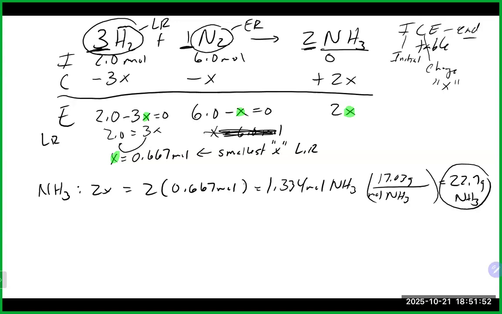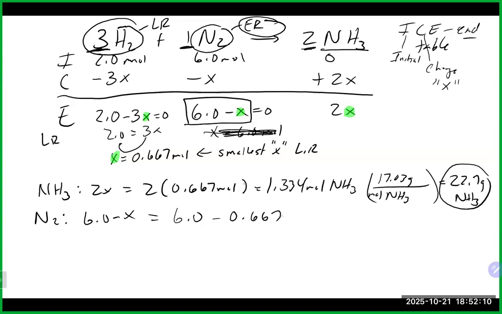Benefit of this is you don't have to go back to the beginning to do the how much is left over of our excess reagent, because I know this is my excess reagent, and I know at the end my excess reagent, which is N2, is 6 minus my X, which would be 6 minus my 0.667 moles. And that very quickly will now tell me 6 minus 0.667.